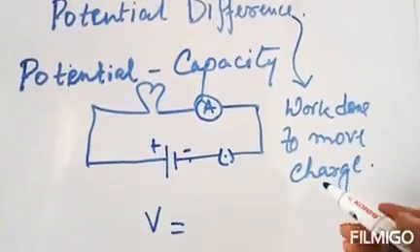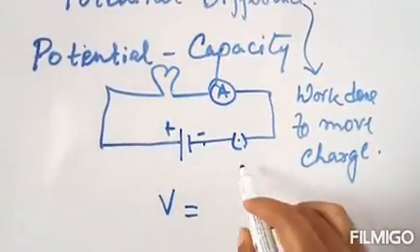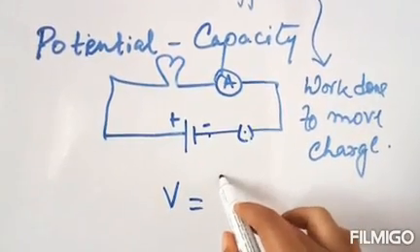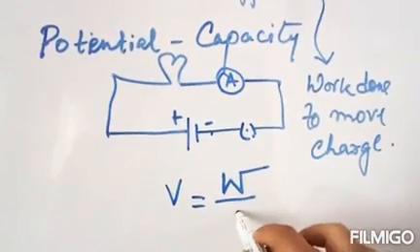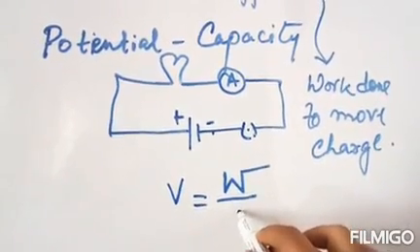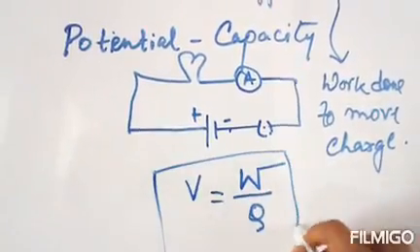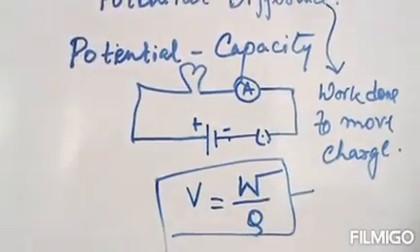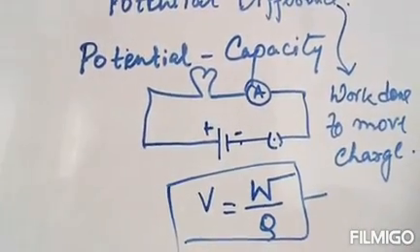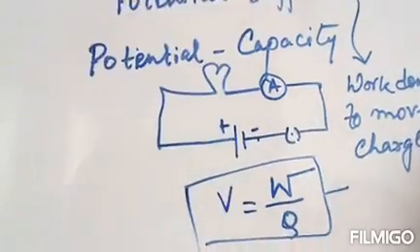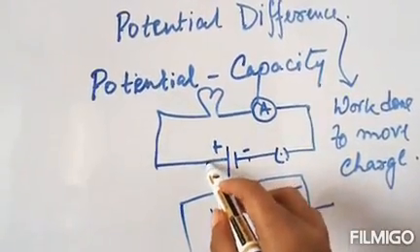So how much work is done to move one charge? We can formulate it: if we denote work done by the letter W and charge by Q, then we can say W by Q. This is the formula for potential difference. Always be careful that potential difference is always measured in a parallel way.